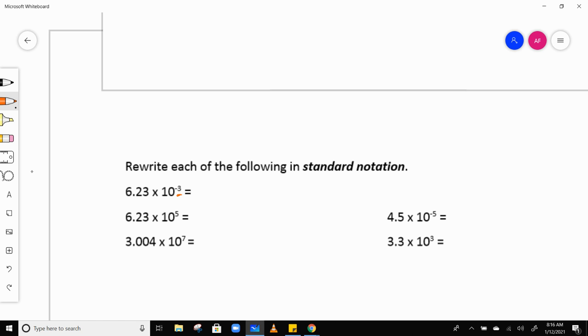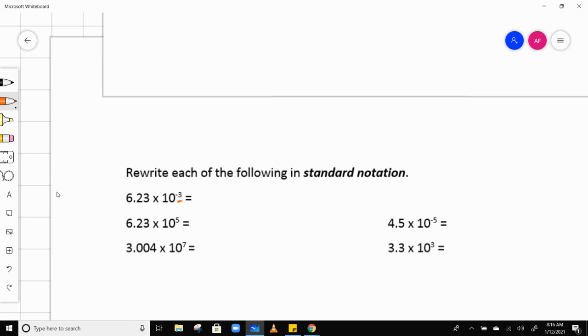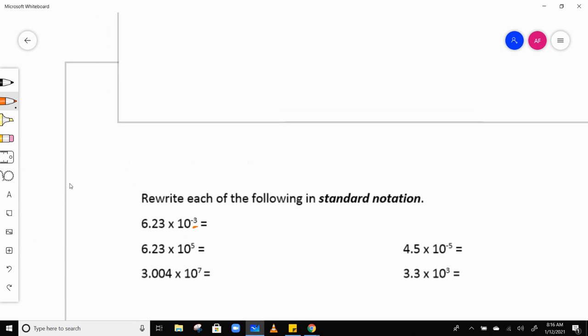So here, 6.23 times 10 to the negative third. We start with 6.23. And we're going to have to move this decimal 3 places. Because this is negative 3, we're going to move it so that this becomes a number less than 1.